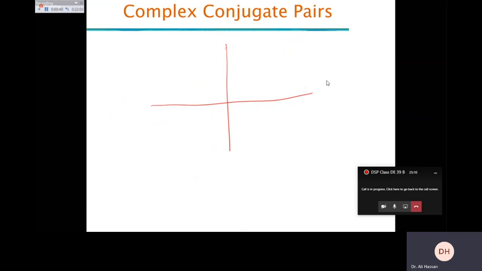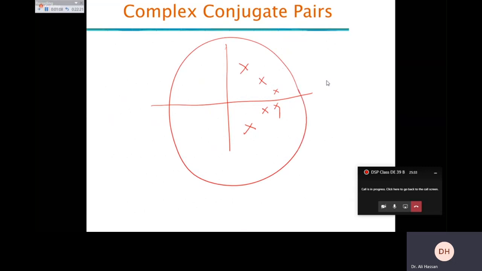So a 10th order IIR filter will appear as roots having complex conjugate pairs inside the unit circle. So roots will always be in complex conjugate pairs. So it is important to study one complex conjugate pair. Let's say this is a complex conjugate pair, which is at a radius r and angle theta, and the same radius r but angle minus theta.